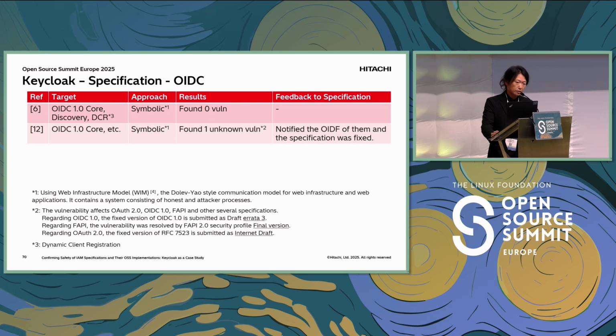They contacted the standardization organization, in this case the OpenID Foundation. Then, by receiving the feedback, the OpenID Foundation successfully fixed the specification. So in this case, the formal security analysis actually contributed to making those specifications more secure.